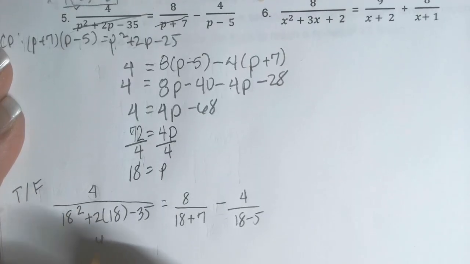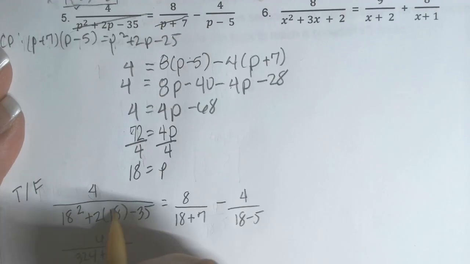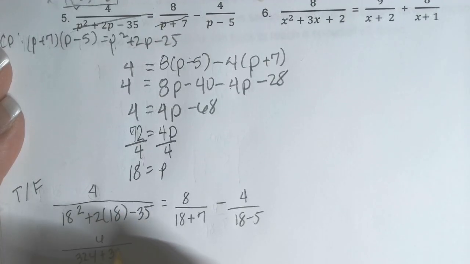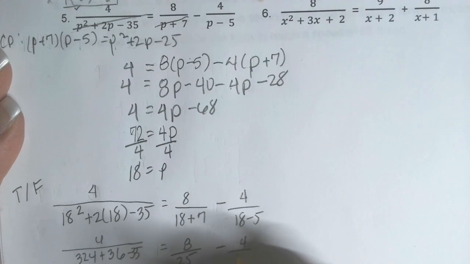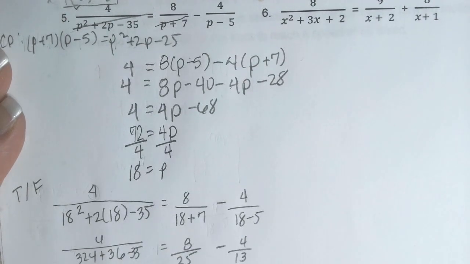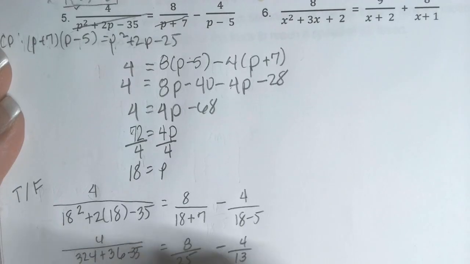So this is 4 over 324 plus 36 minus 35 equals 8 over 25 minus 4 over 13. So this is 4 over 325.